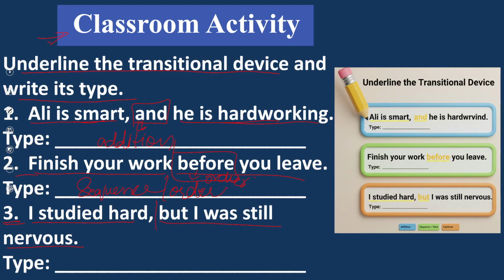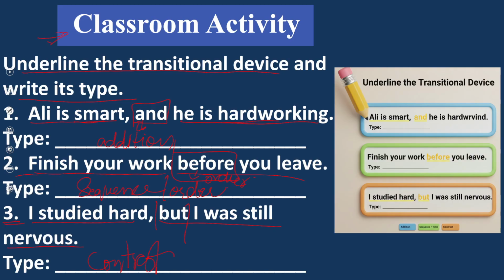Yes, so but is telling us about the contrast. I did hard work, but I was still nervous. It means that after a lot of hard work, still nervous. It means here but is a transitional device, and this is a contrast transitional device.